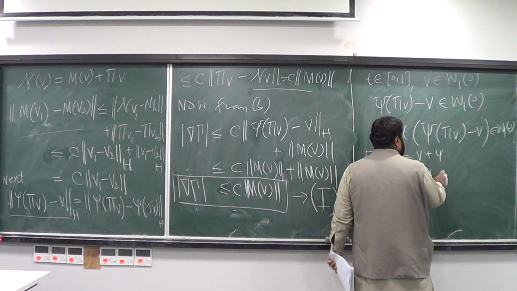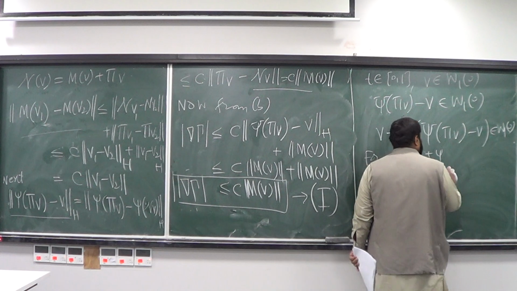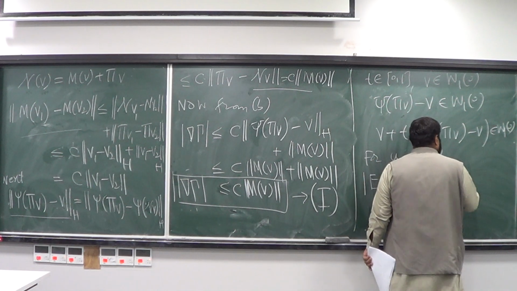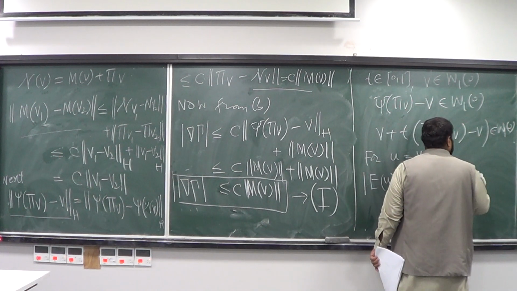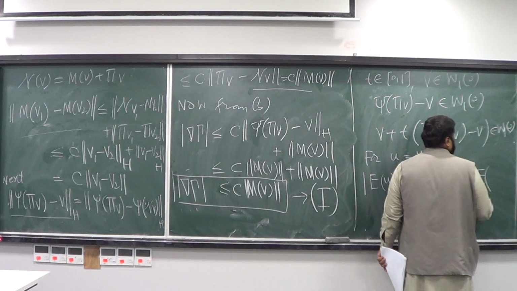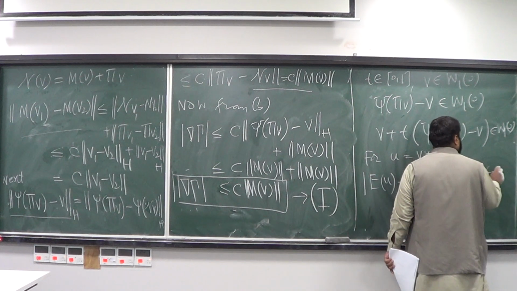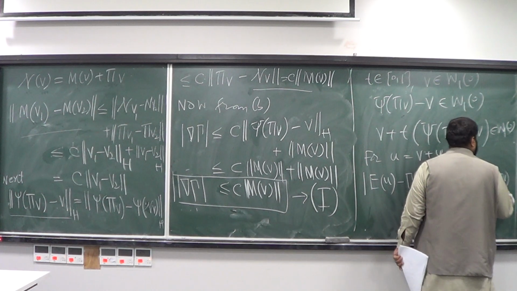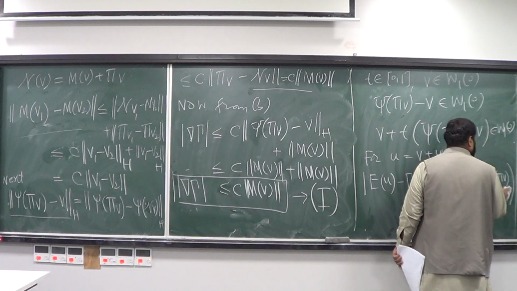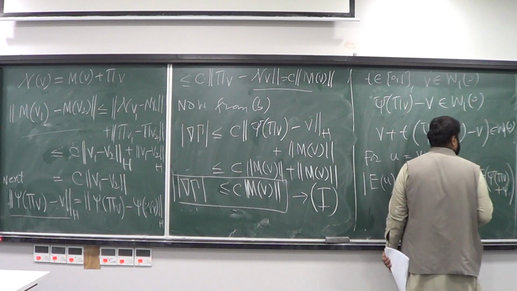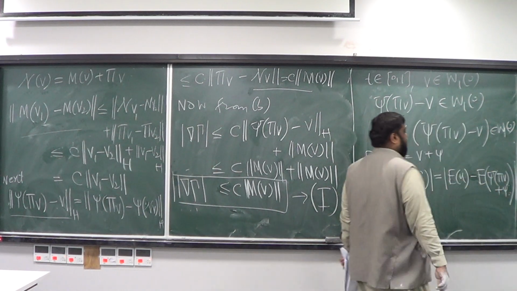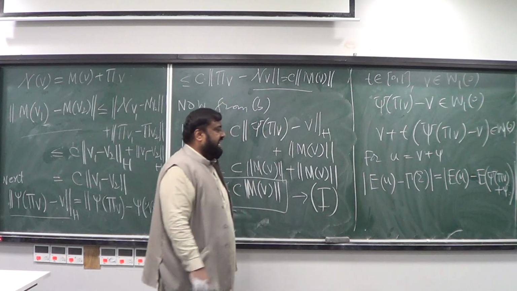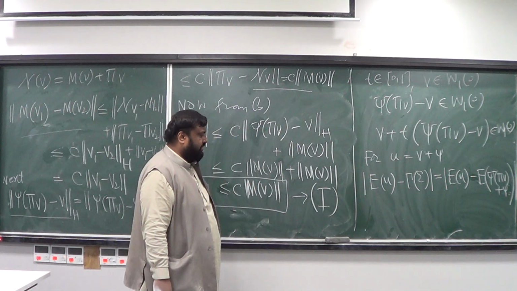If you remember the definition of gamma of xi, it is E of u minus E of psi of pi v plus psi. This is the definition of gamma of xi.